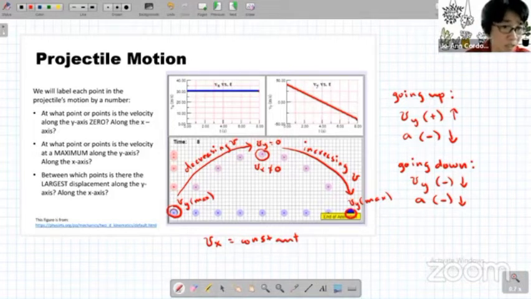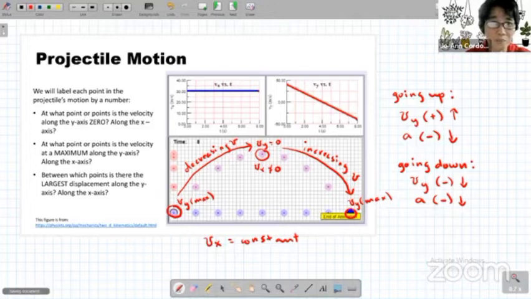Kasi kung opposite, that would tend to decrease the velocity. Pag if it's the same, that would tend to increase the velocity. So it's the same thing here. Okay? Going up, opposite directions, therefore velocity will decrease. Going down, the velocity is going to increase because acceleration and velocity are along the same direction.